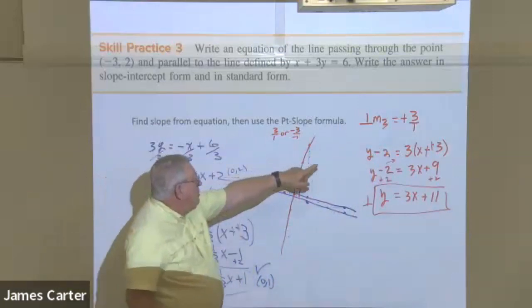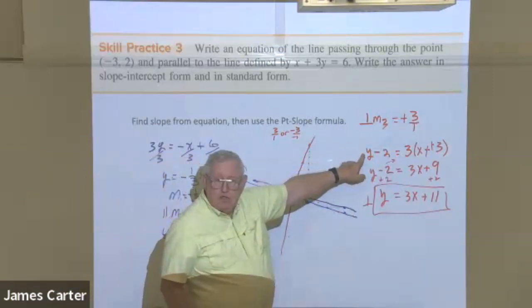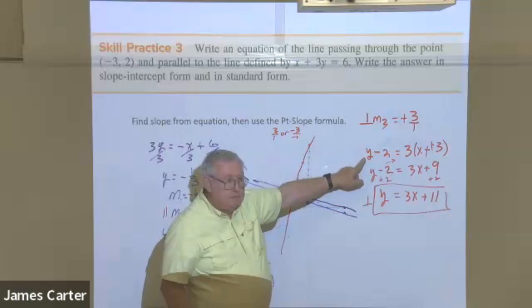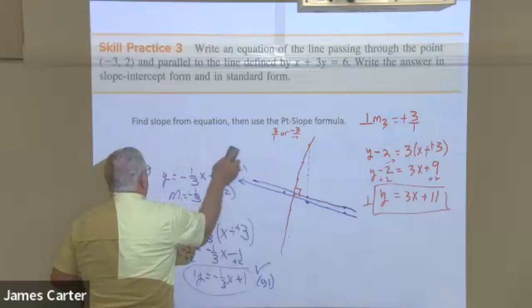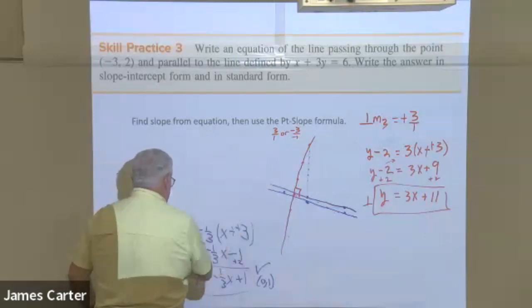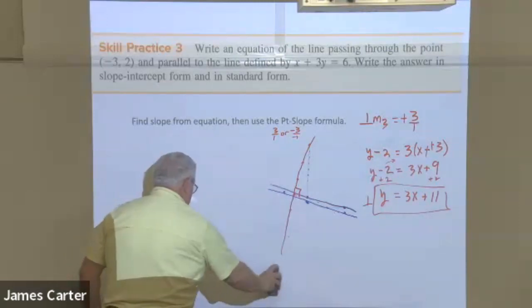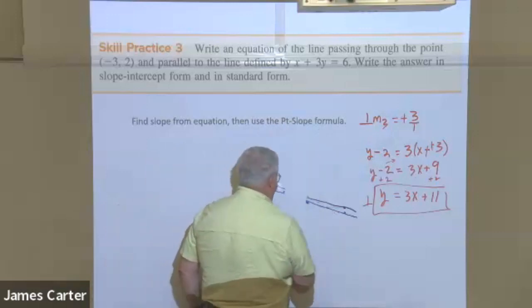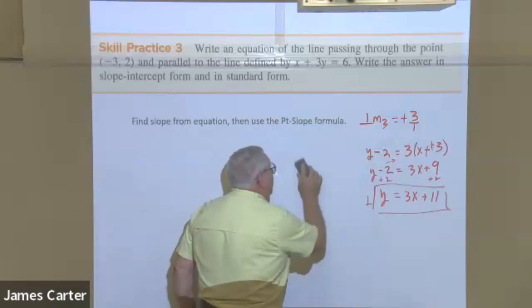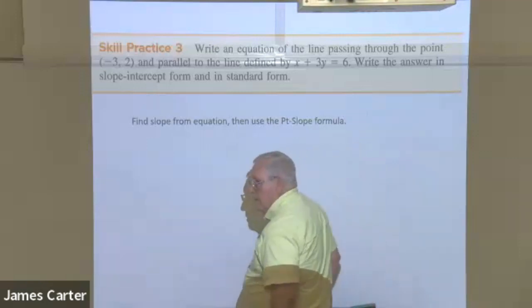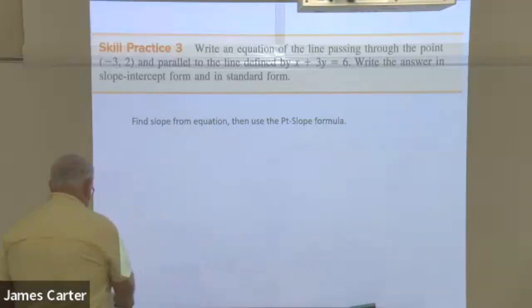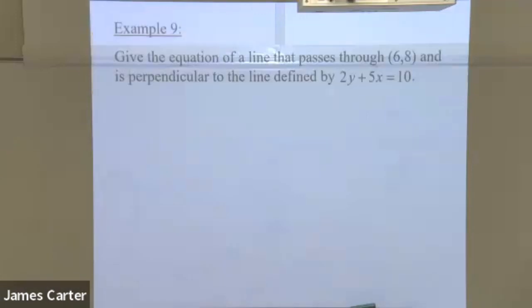Well, you're always going to use this point slope formula. Here, they're just going to have you do it perpendicular.